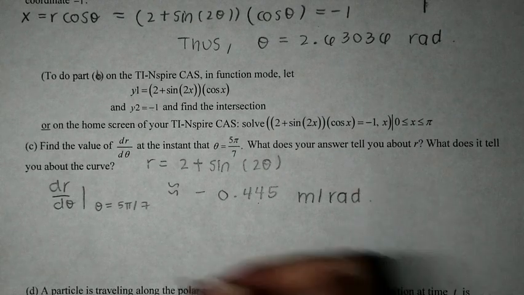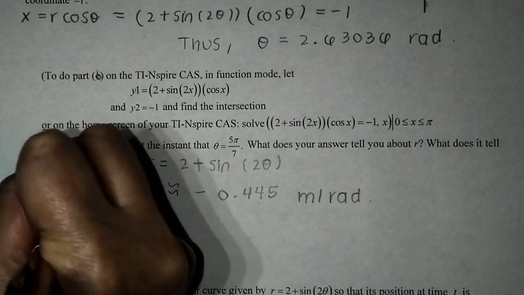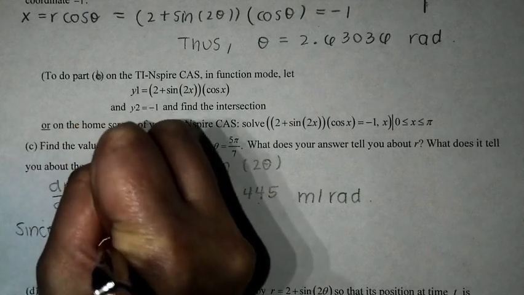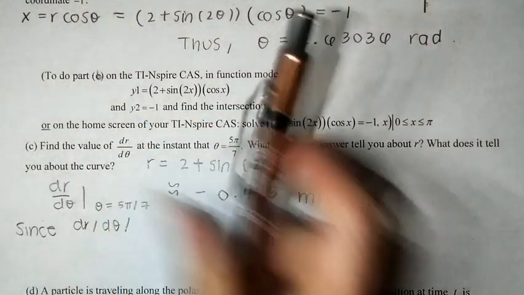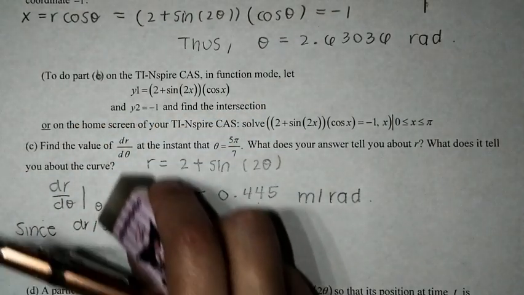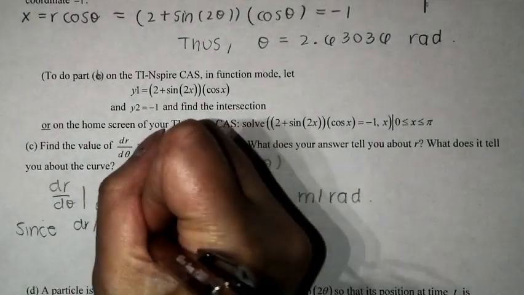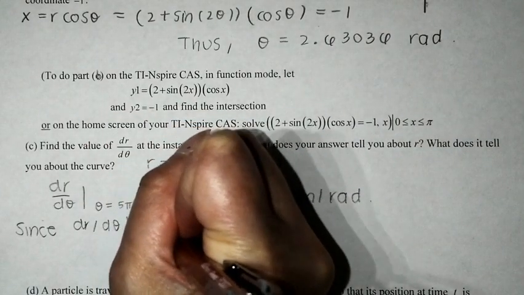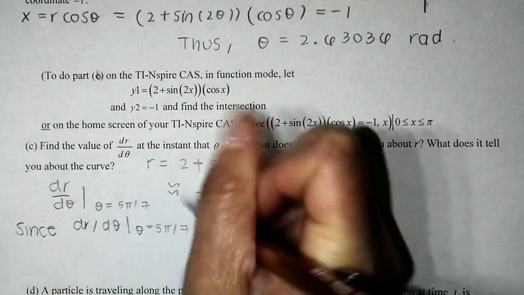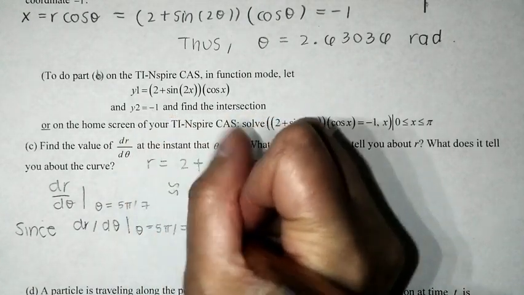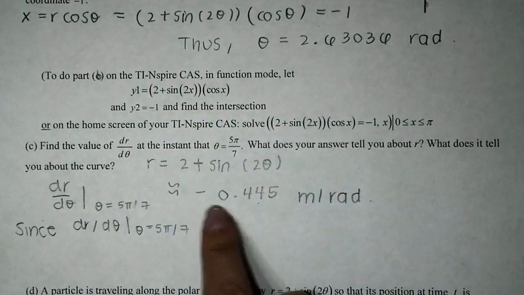So what we have here is dr/dθ evaluated at 5π/7. This one is less than 0, because it's negative.